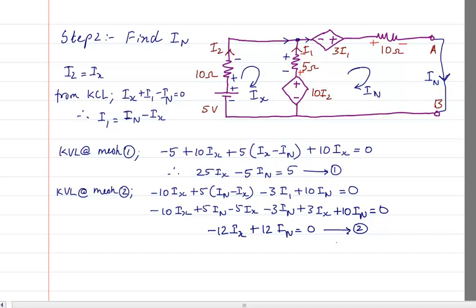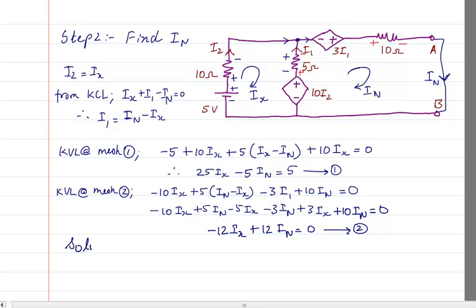The first equation is 25 Ix minus 5 In is 5. And the second one is minus 12 Ix plus 12 In is equal to 0. Solving both of these, I will get the value of Ix and In.